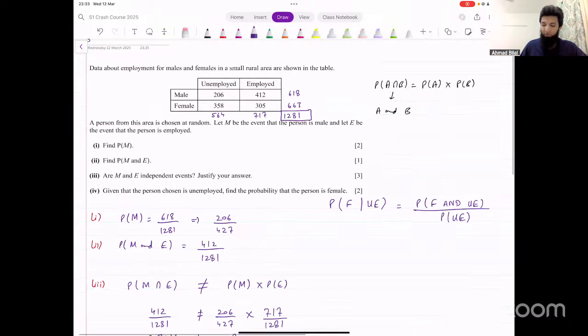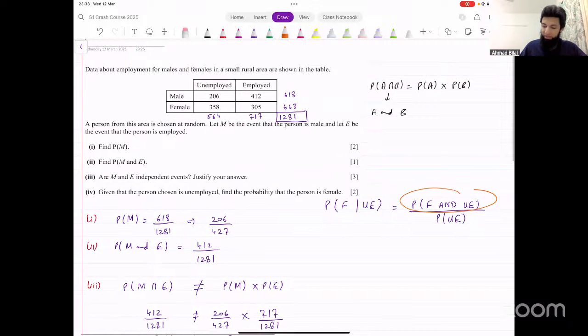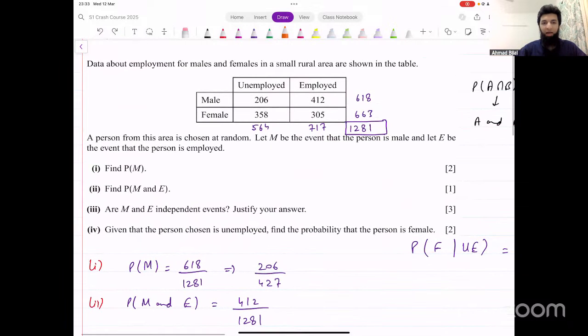So you can find the probability of the intersection and divide it by the probability of unemployed. I'll do it that way as well. But when you have a table given, it's actually much easier to do it directly from the table without even using the formula, if you understand the logic correctly.